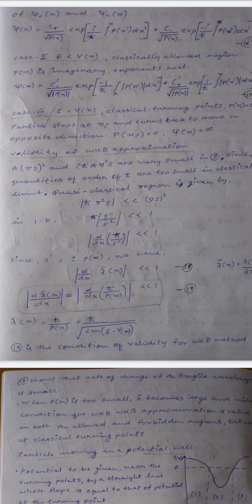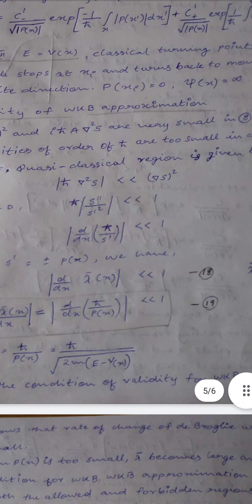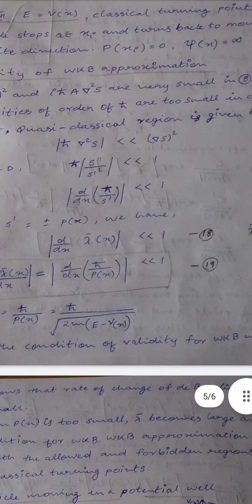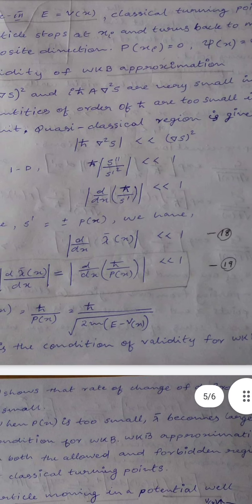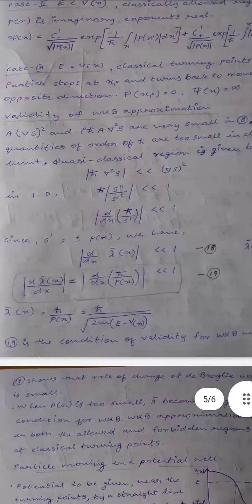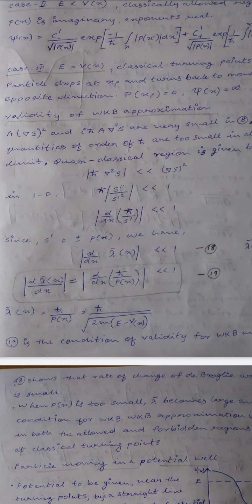In one dimension, h cut modulus S double dash by S dash squared is very much less than 1. That is, modulus of d by dx of h cut by S dash is very much less than 1.